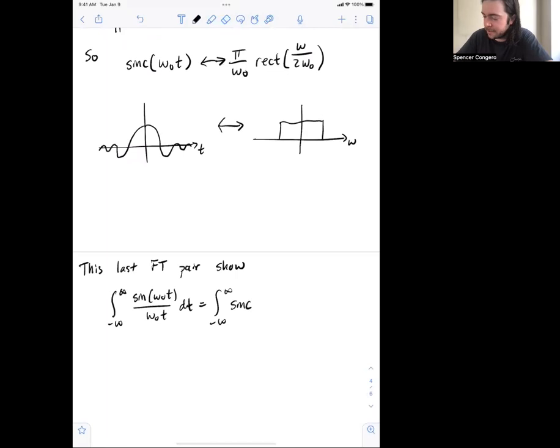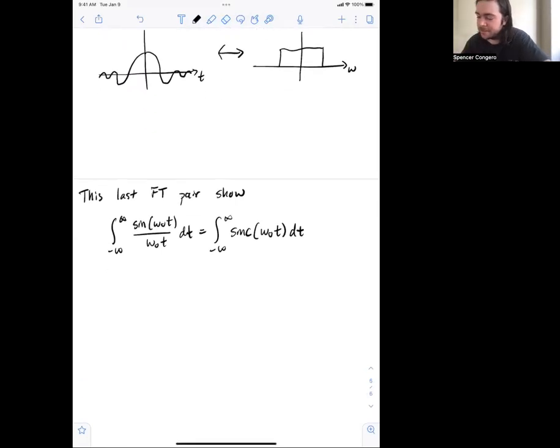You might be wondering, how can we integrate this thing? Well, it turns out this Fourier transform pair gives us a way. So what can we do? Well, this integral of the sinc function in time, what's another way I could write that? Well, if I write out the Fourier transform of that sinc function, it looks like this.